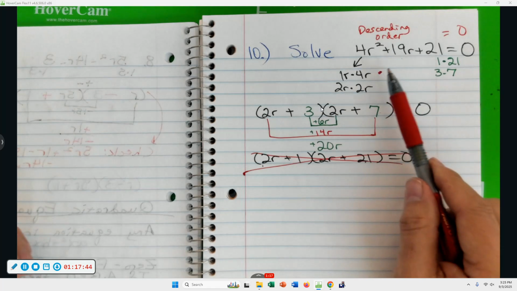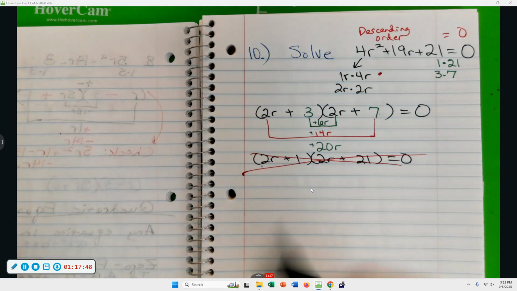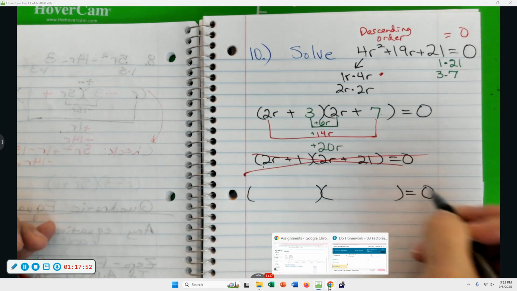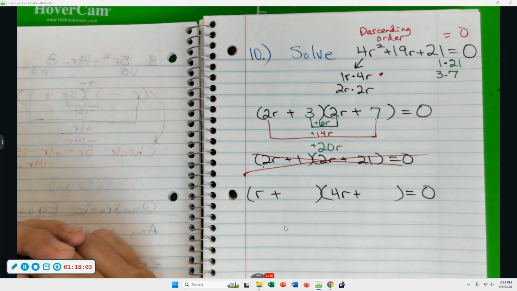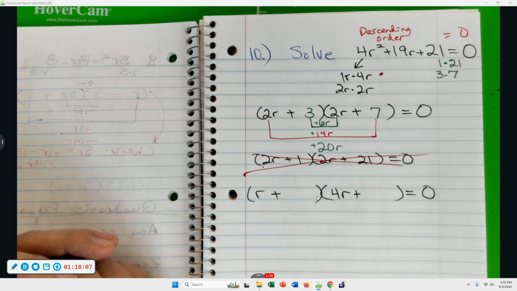Well, all hope isn't lost yet because we still have the 1r and the 4r. Let's try the 1r and the 4r. And we know, if you look at the instructions, it doesn't give us a choice of no solution or not factorable or anything. So there's going to be an answer. Okay, so we're trying 1r and 4r.